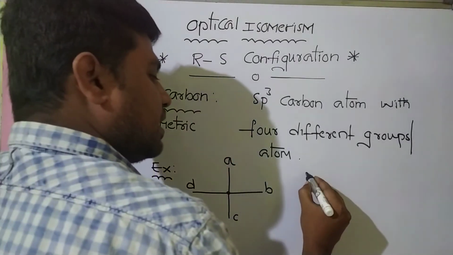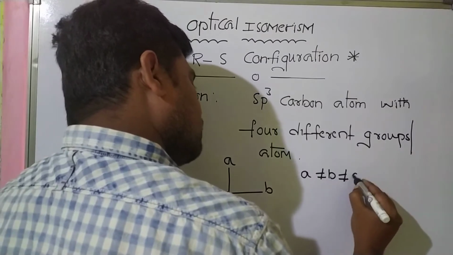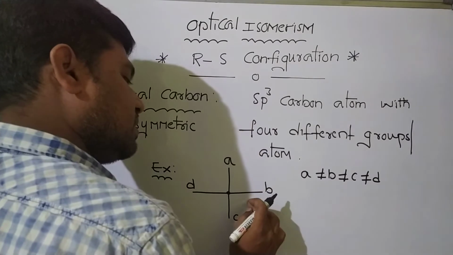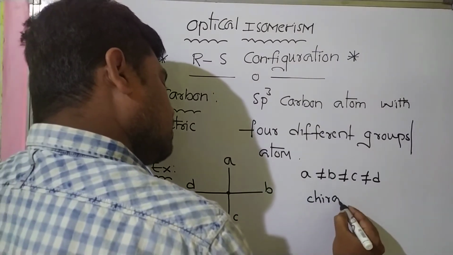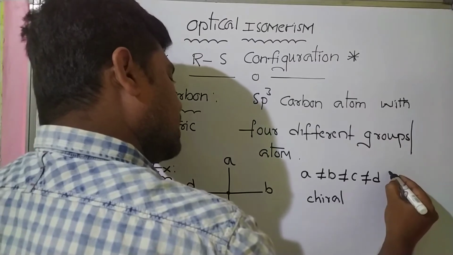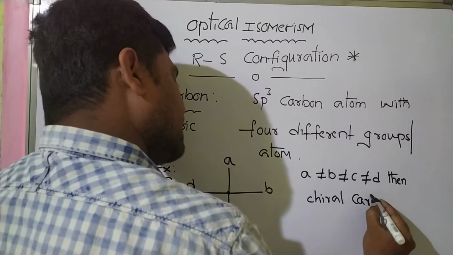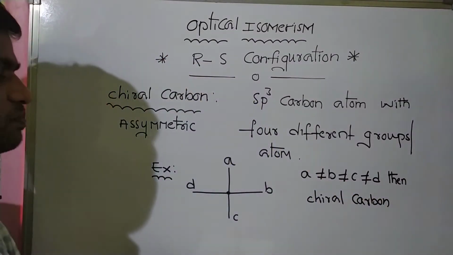Means A not equal to B, B not equal to C, C not equal to D. Then this is called chiral carbon, or asymmetric carbon.